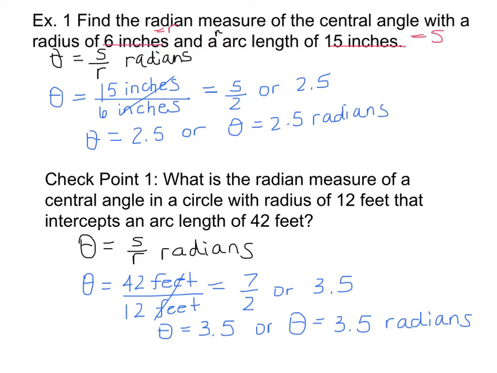So now my central angle, the radian measure, is 3.5, or you can write 3.5 radians. And we want to get in the habit of making sure we either highlight or box our answers so it stands out from the work.